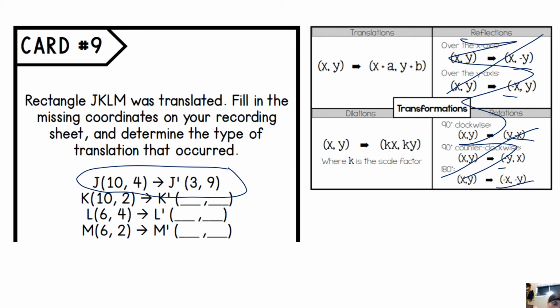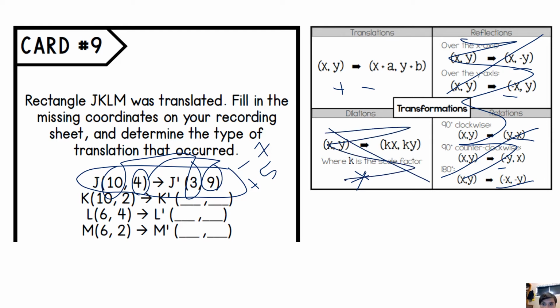So let's see. How did 10 go to 3? Okay, minus 7. How did 4 go to 9? Okay, plus 5. So that's not the same, and it's not multiplication. Remember, this is always plus or minus. This is always multiplication. So therefore, this one's cut out as well.